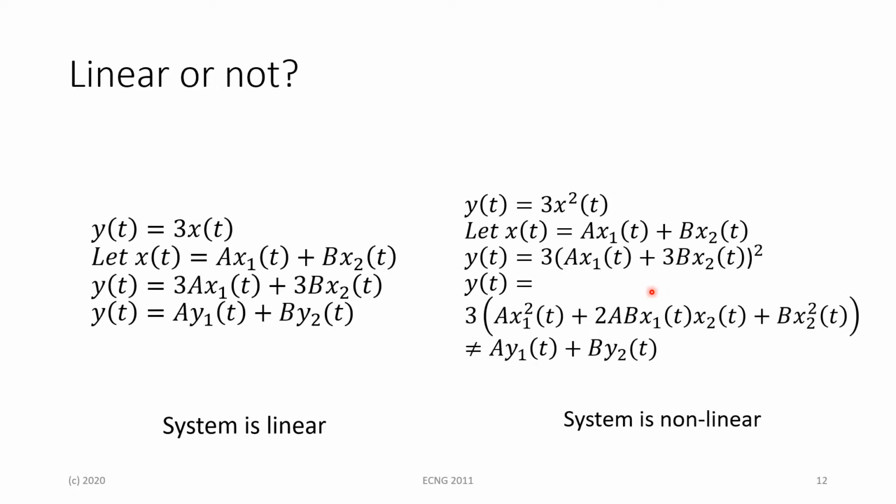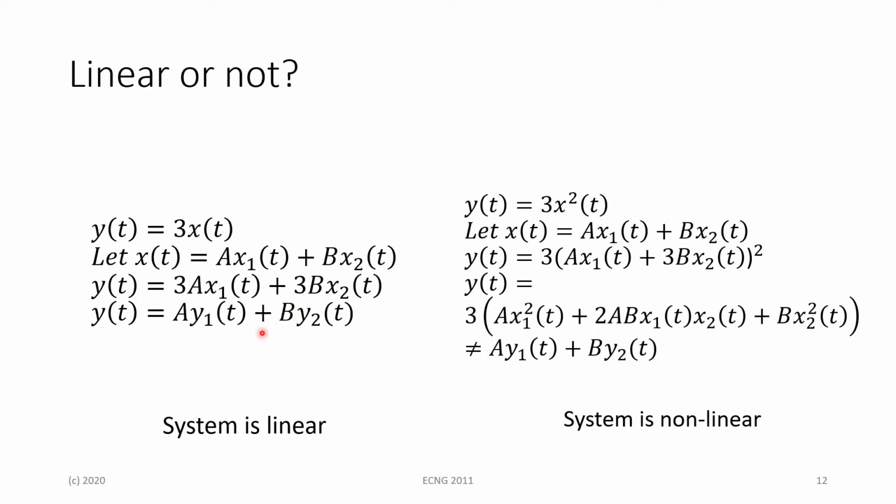So let's watch a couple examples here in particular. For our first equation, if we have y of t equal to 3x of t, we substitute x of t to be a x1 of t plus b x2 of t. When we do the substitution, we get 3a x1 of t plus 3b x2 of t.